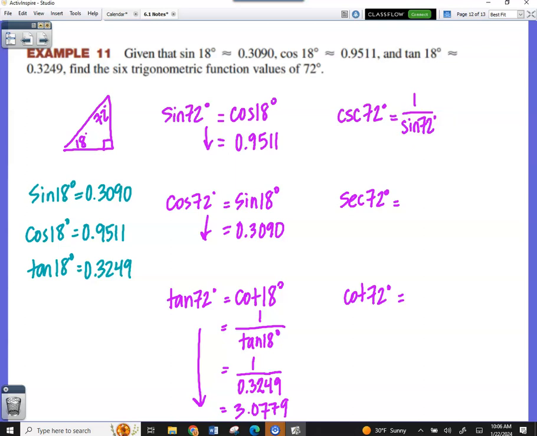And what is sine 72? 0.9511, because we found it right here. So this is where you're using that previous value, so 1 over 0.9511, and you would type that in your calculator to get the answer.